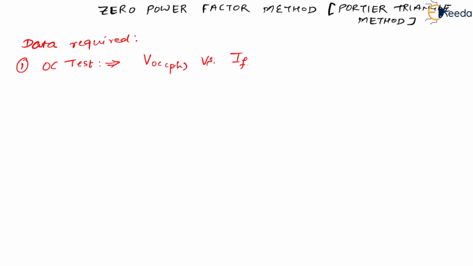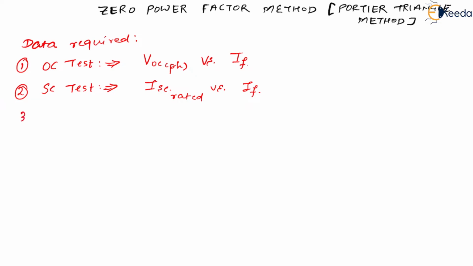The second test data which we need is the short circuit test, SC test data. In this short circuit data, we will get the short circuit current ISC, which will be the rated current, versus the field current IF on the graph.